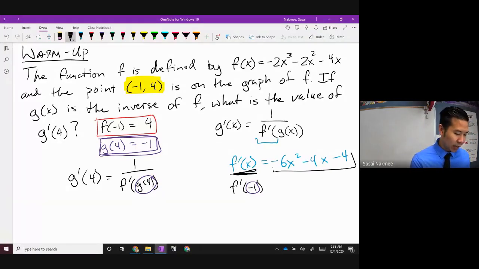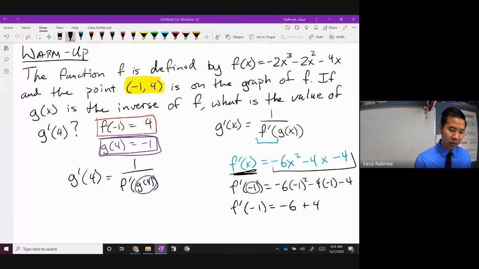So I have negative 6 times negative 1 squared minus 4 times negative 1 minus 4. So let's simplify this out. F prime of negative 1 is equal to negative 1 squared is positive 1 times negative 6, still negative 6. Negative 4 times negative 1 is plus 4, minus 4. This is going to be just a negative 6.